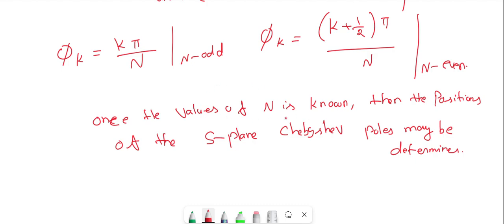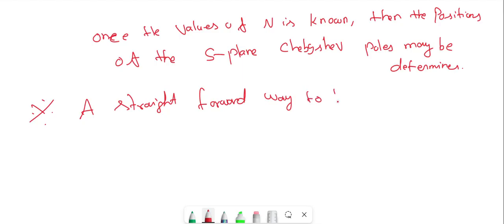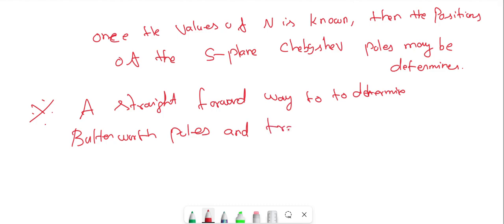A straightforward way is to determine the Butterworth poles and translate them to Chebyshev poles.